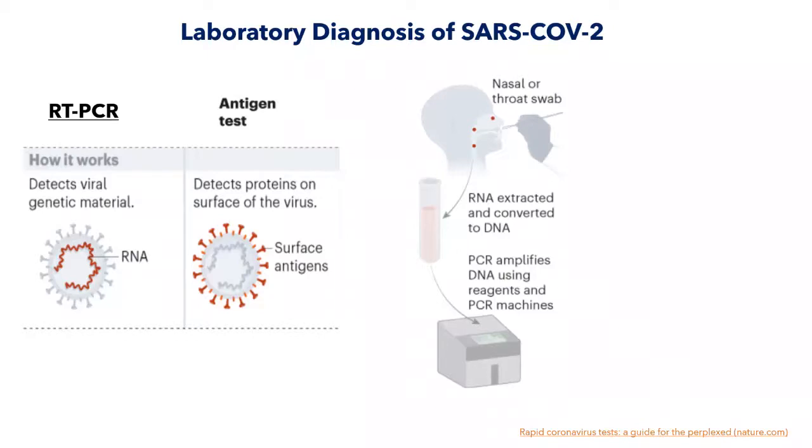This process can take hours and requires sophisticated lab equipment and technicians. Although the sample needs to be sent to the lab, the time-consuming process delivers results that are almost 100% accurate in spotting infected people when there is virus on the swab.